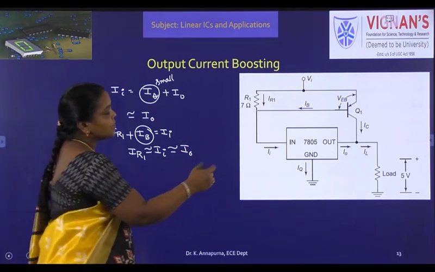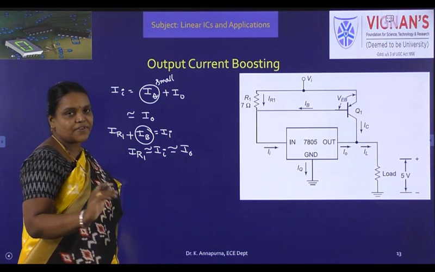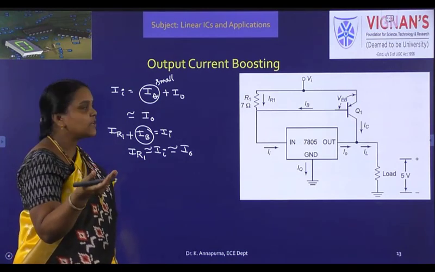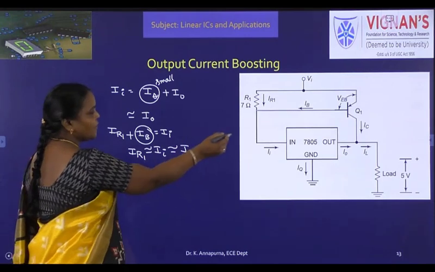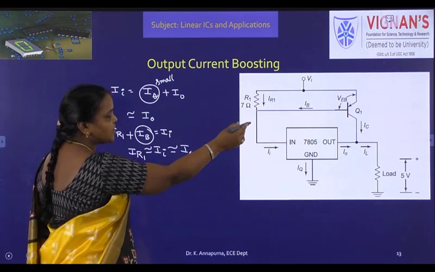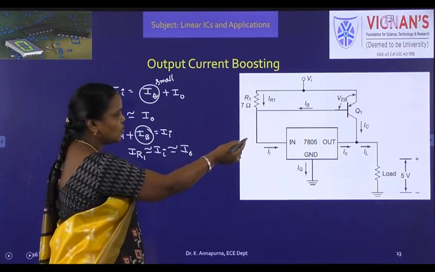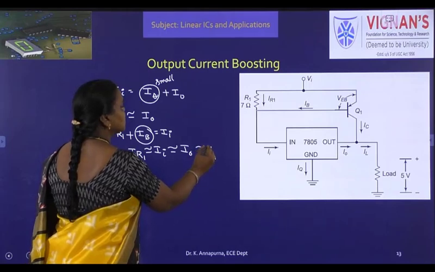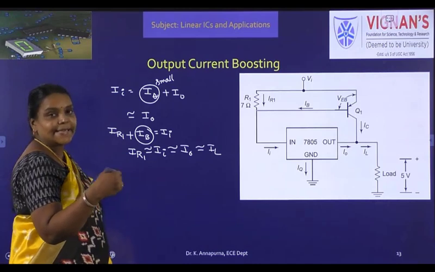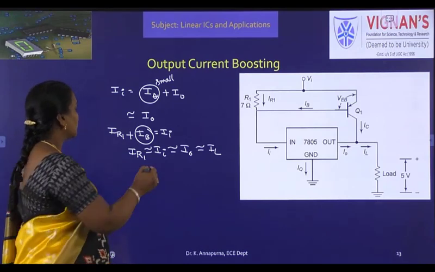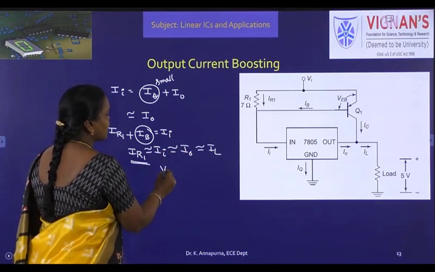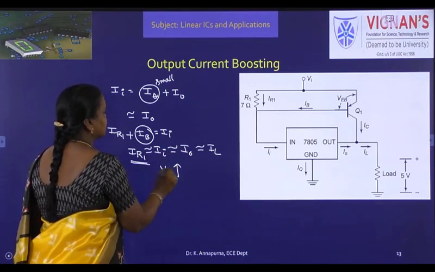In normal conditions that transistor is in off condition. But when the load current exceeds some limit, what happens? Initially the transistor is off, meaning its collector current is 0, so I naught and IL are the same, right? Now when the load current increases sufficiently, IR1 also increases and the drop across R1 will increase.